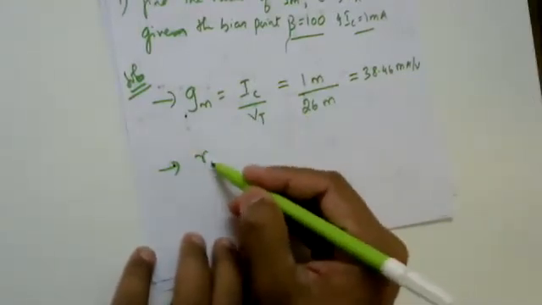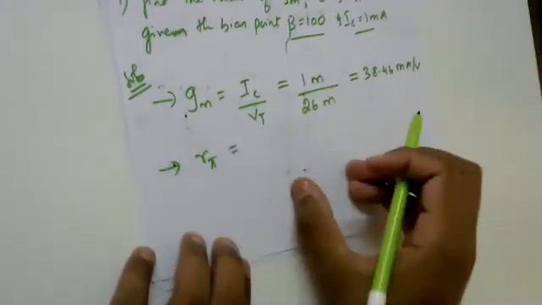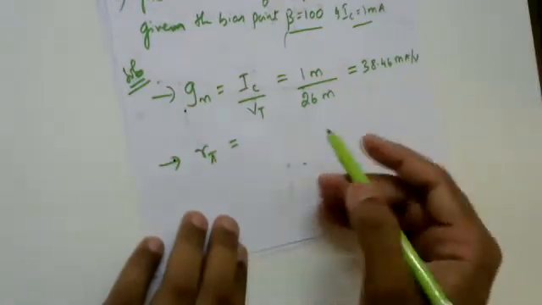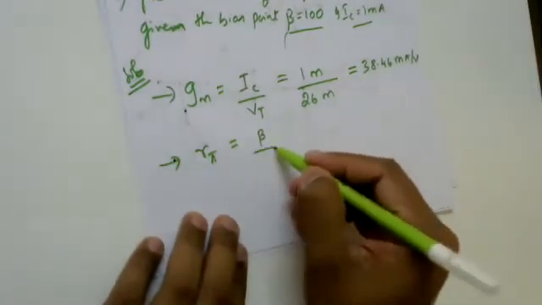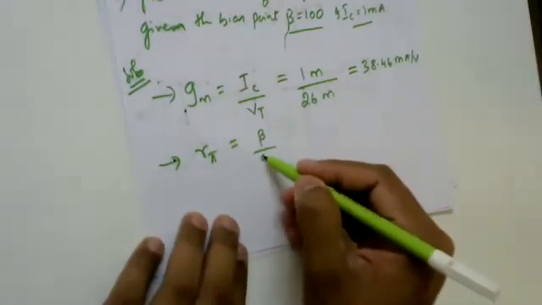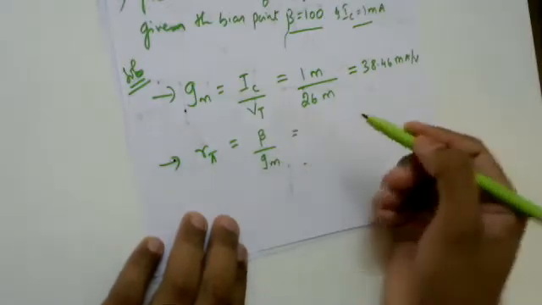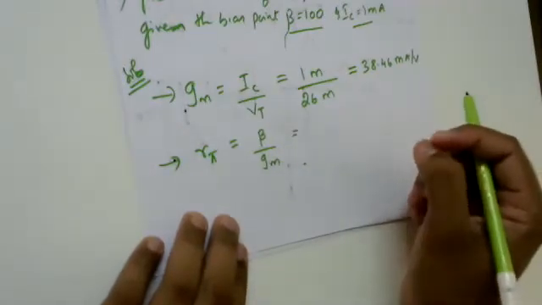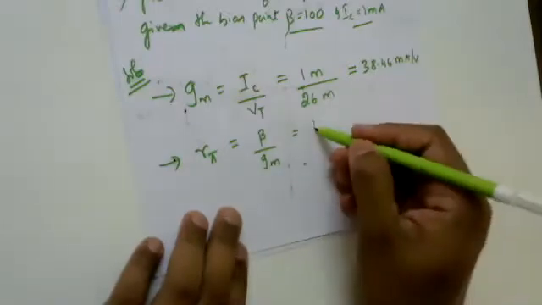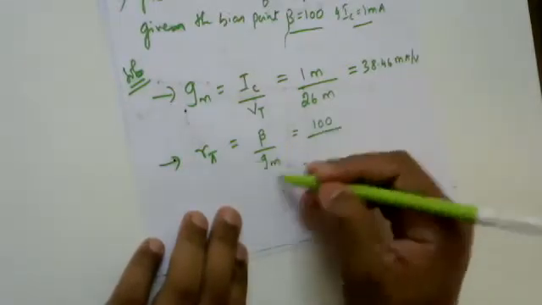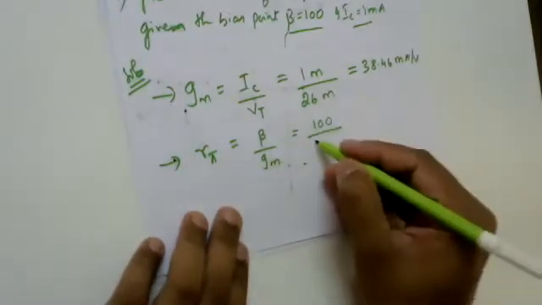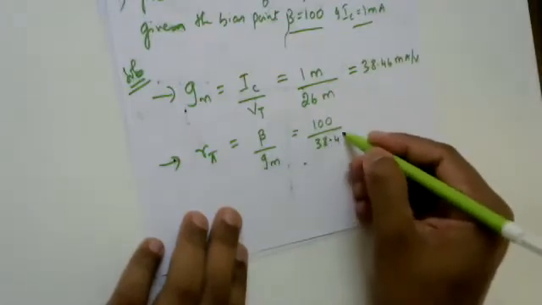I need to compute the value of R pi. How to compute the value of R pi? R pi is given as the ratio of beta divided by GM. So the beta value he has given as 100 divided by the value of GM that I have computed, 38.46.